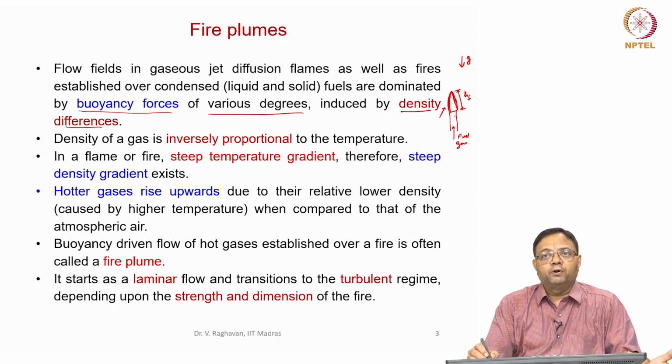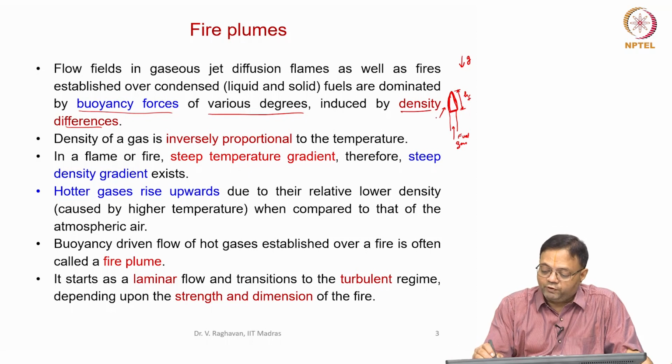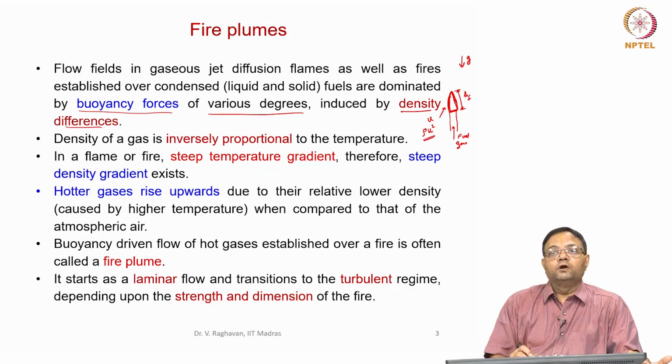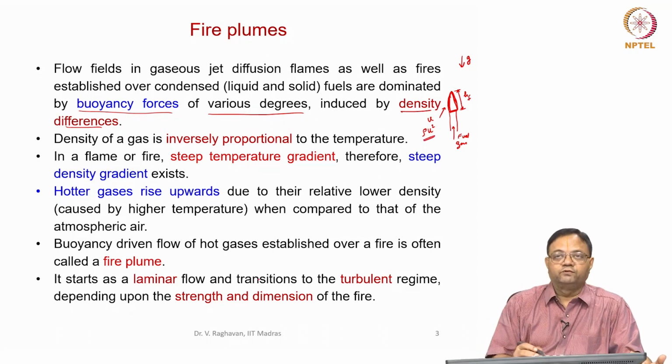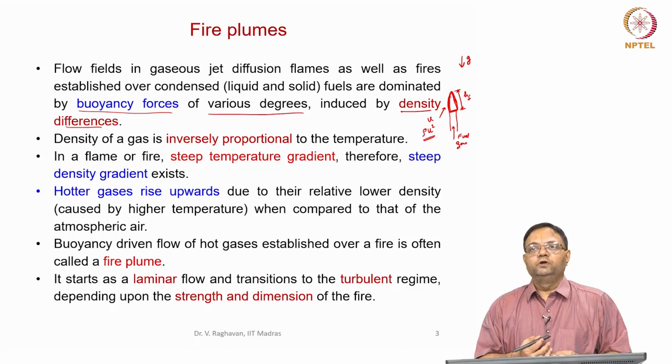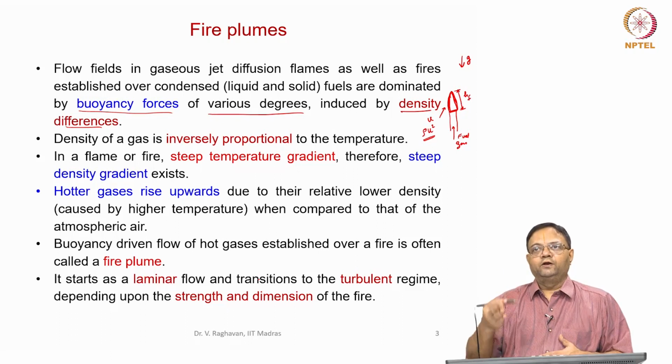Here predominantly there is a given momentum. So for example, if u is the average exit velocity of the gaseous fuel, then it has a momentum of rho u square. Right? So there is a momentum, then there is a buoyancy force. So both of them aid the height of the fire.